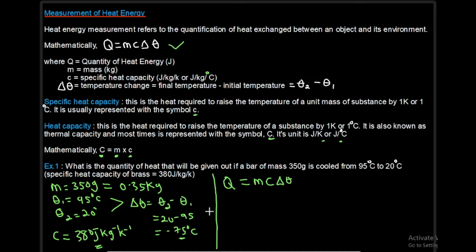Q is what we're looking for. m is 0.35 multiplied by c, which is 380, multiplied by the change in temperature, which is 75. Remember, I said just use 75; the minus there is just to tell you that heat was lost, or we have cooling. So we are going to have Q equals 0.35 multiplied by 380 multiplied by 75.